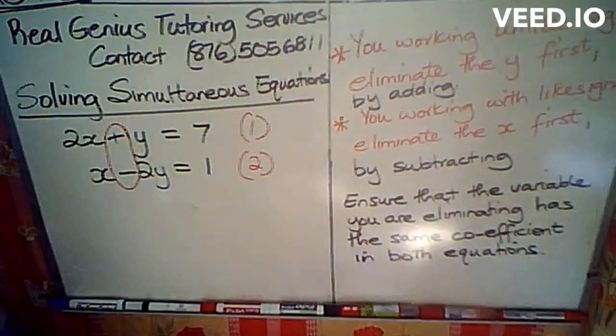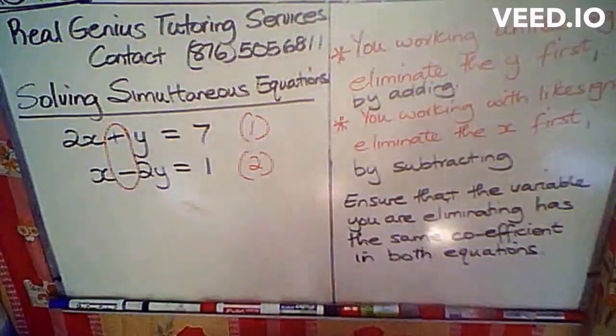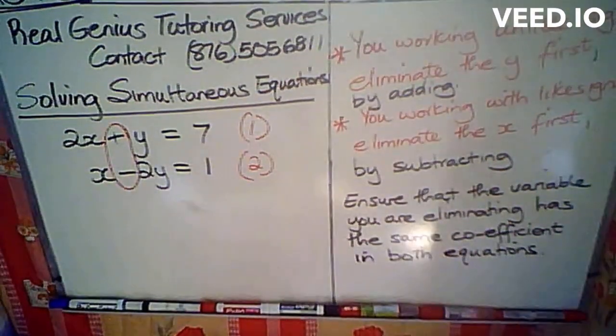You cannot get rid of any of the variables unless they are the same in both equations.